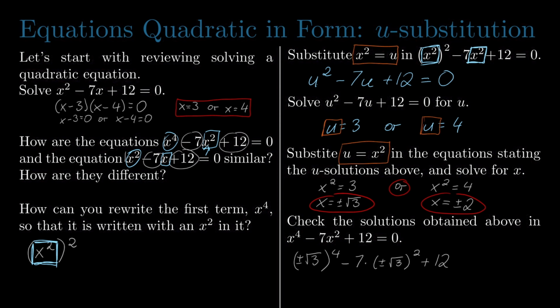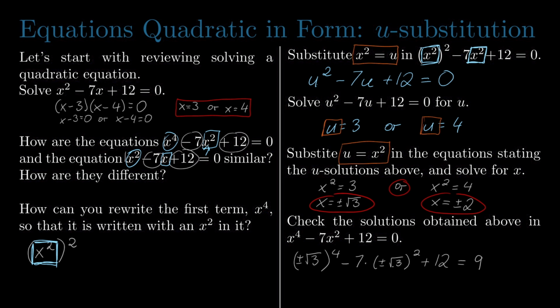That's the left-hand side. As always, we are checking if it equals the right-hand side, which is 0. So let's simplify what we have in here. Square root of 3 raised to the power of 2 results in 3 already, and that 3 then needs to be further raised to the power of 2 to give us square root of 3 to the power of 4 altogether. And 3 squared is 9.